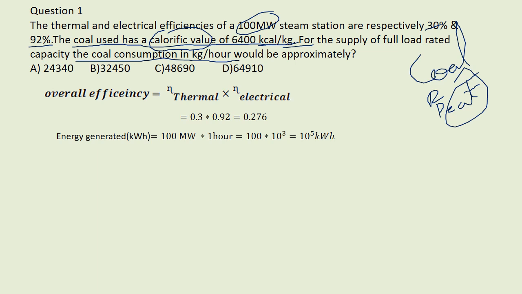Then we need to know the amount of heat or energy generated in kilowatt hour. This quantity is kilowatt hour in electrical terms. That's what I was talking about in the previous slide: first you need to know the energy in kilowatt hour and then convert it into kilocalories. You are dealing with two units. Remember one thing, if you are discussing these problems, you must know these two units, kilowatt hour and kilocalorie.